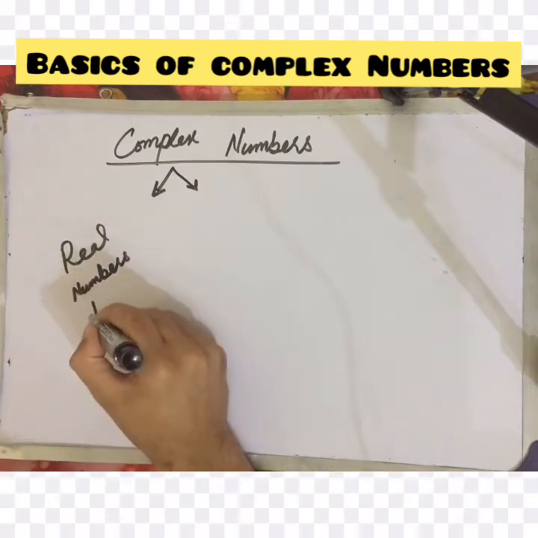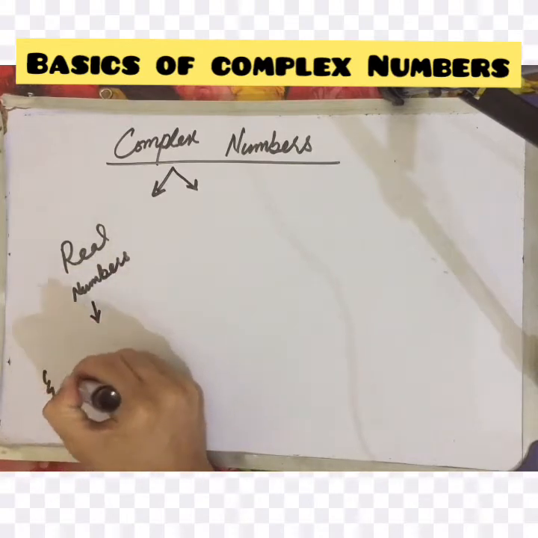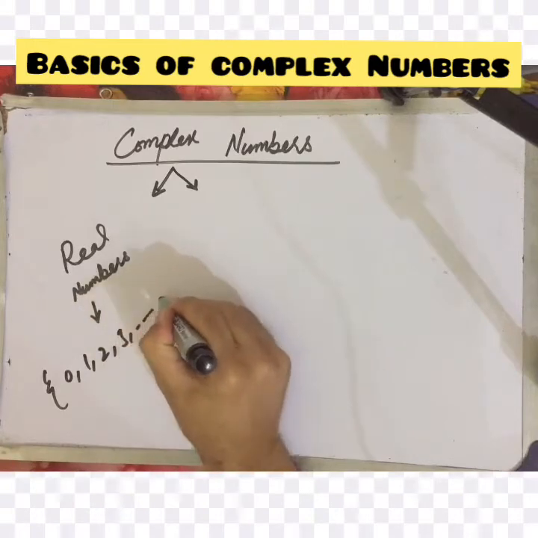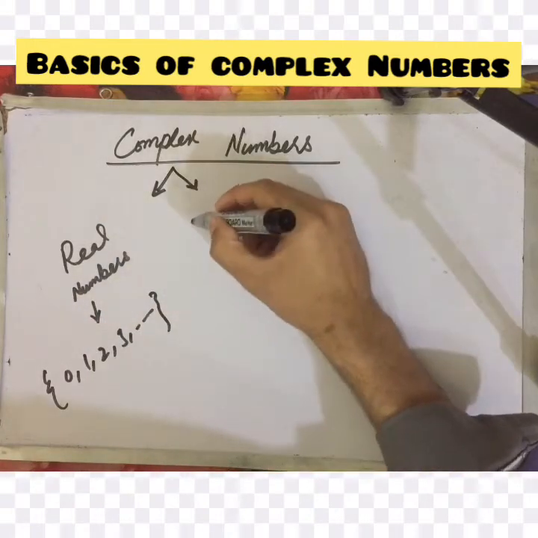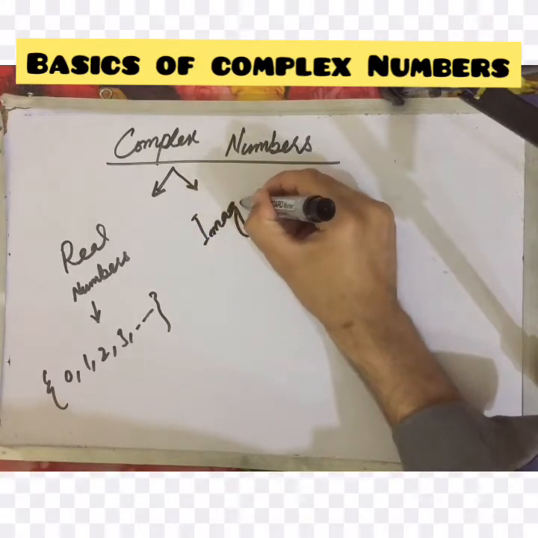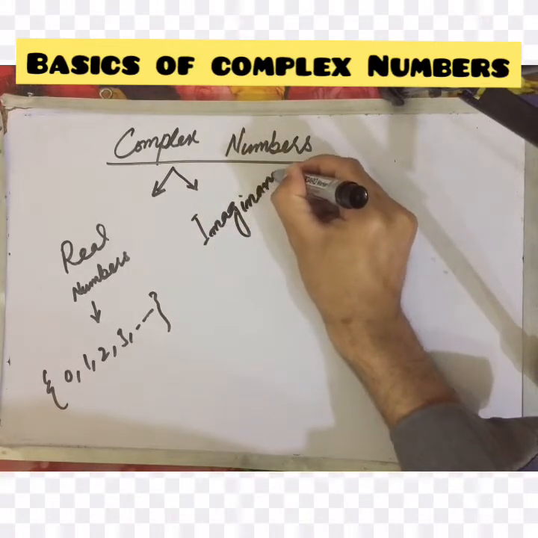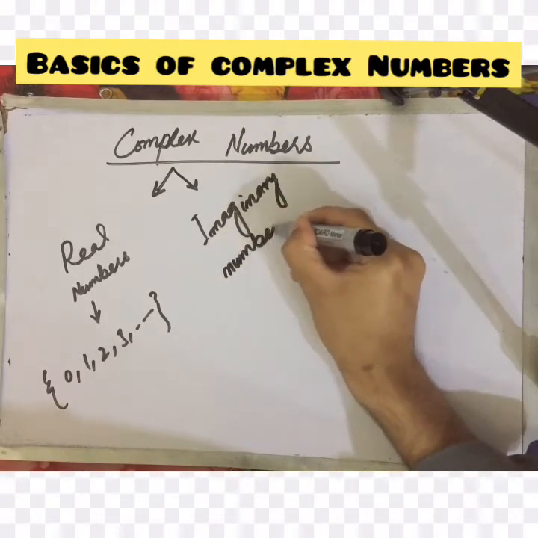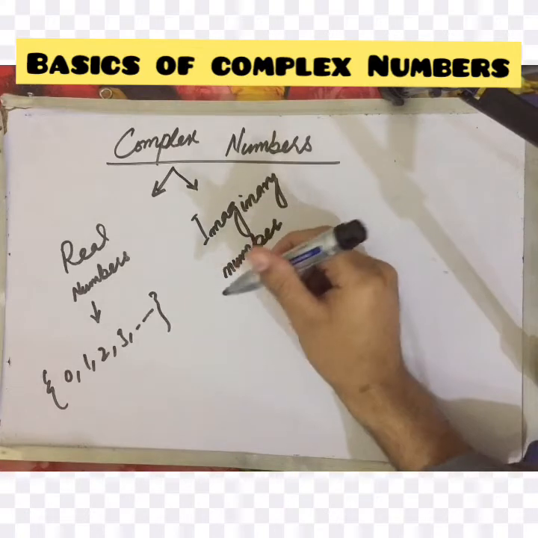which includes all natural numbers 0, 1, 2, 3 and so on. And the second one is the imaginary number. Now what is an imaginary number?